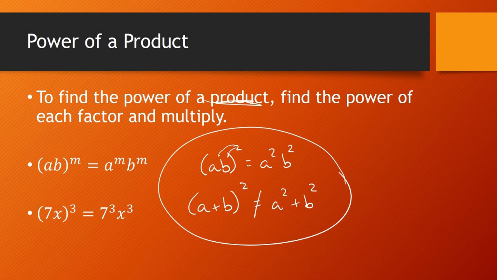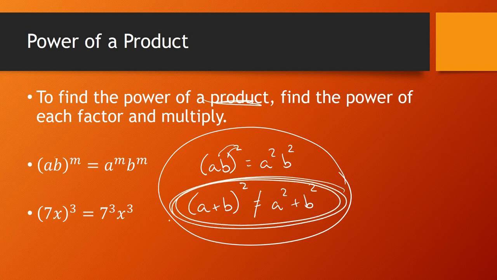Only works with a product. When we have a sum, we cannot do this. This is a really easy trap to get into, and I want you to be sure to look at this carefully and realize that you may not distribute or raise a sum to the same power. It can only be done when it's a product, a multiplication problem.